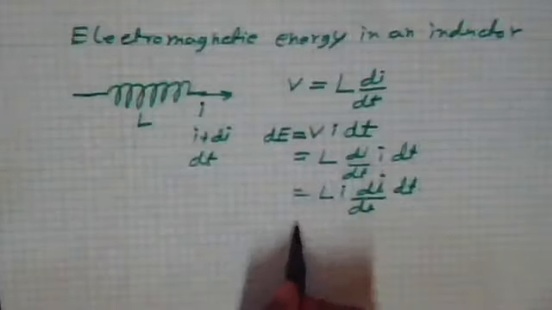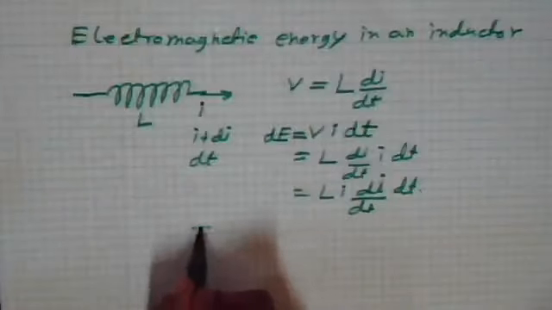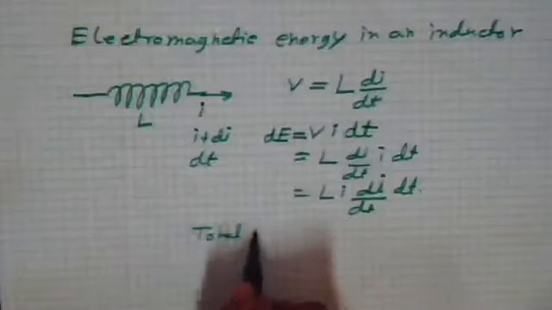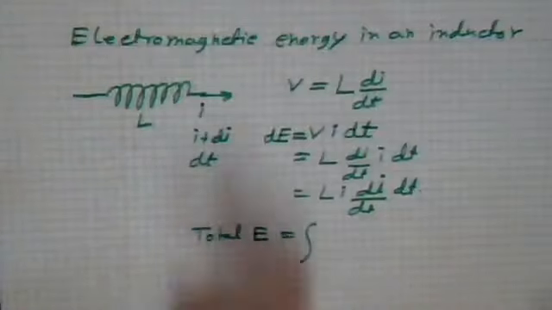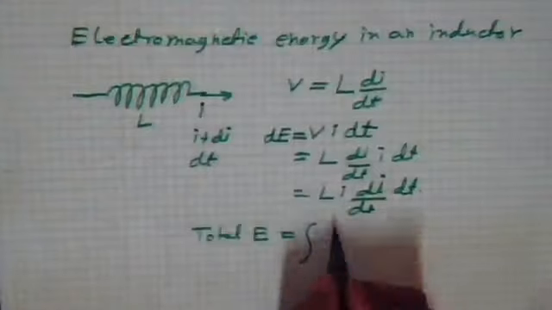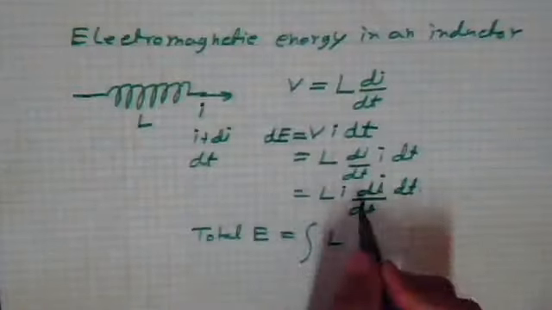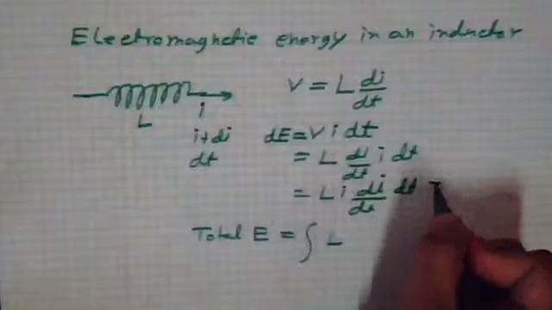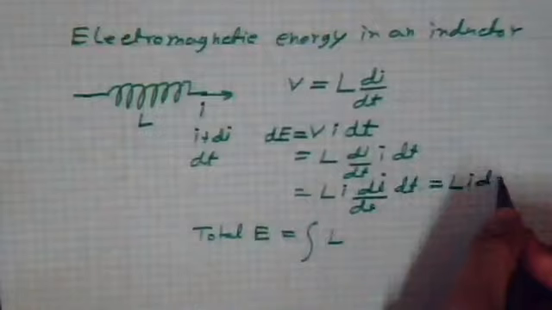Now, what will be the total amount of energy when the current is increased from 0 to some value I? This will be equal to the integration of this quantity, which is L I di.